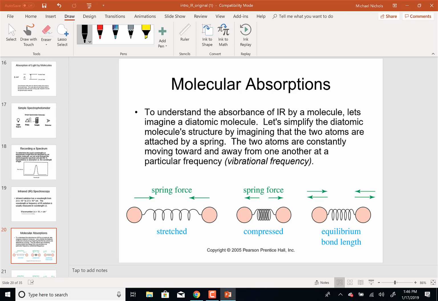So let's say I've got 2 hydrogen atoms, or 2 oxygen atoms, or any 2 atoms, HCl. They're going to be vibrating back and forth, and the frequency at which they vibrate is in the infrared region.